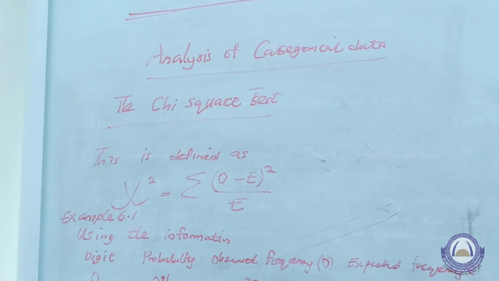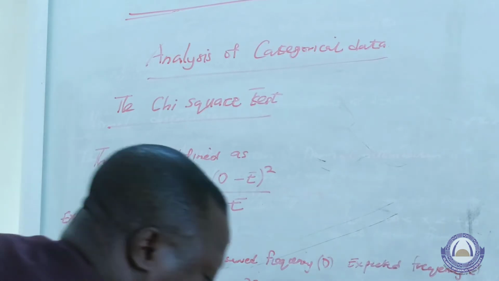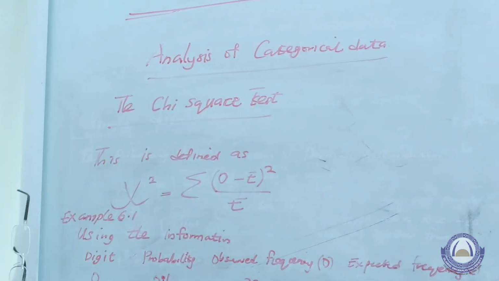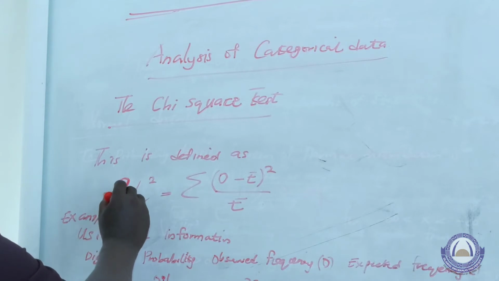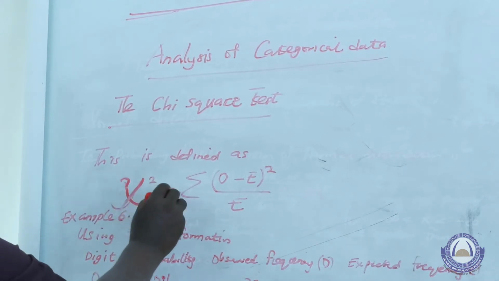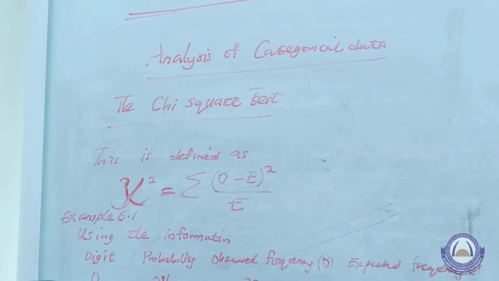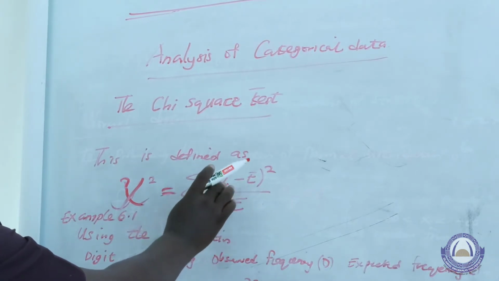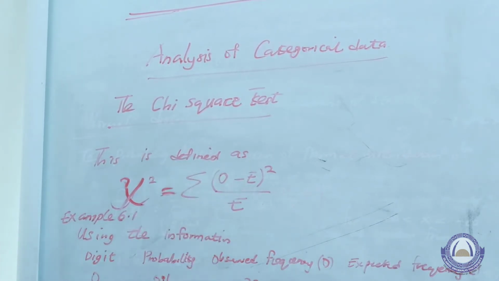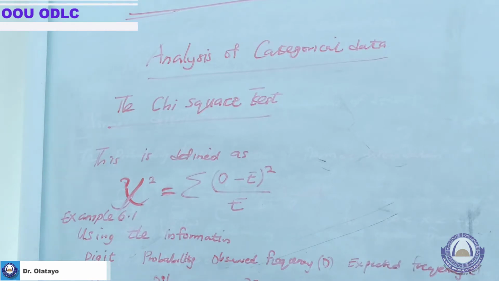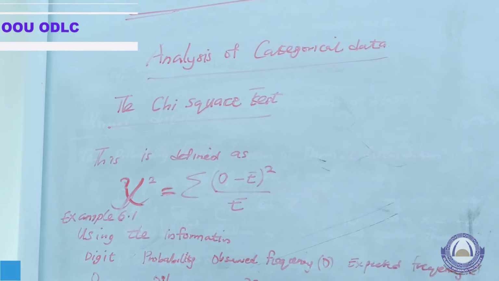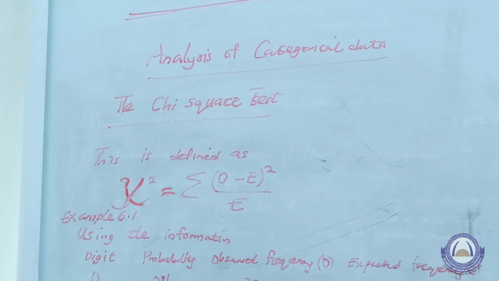The statistic chi-square is equal to the sum of observed value minus expected value, all squared, divided by expected value. The difference between the observed and the expected is tested, to know whether the observed follows the expected.